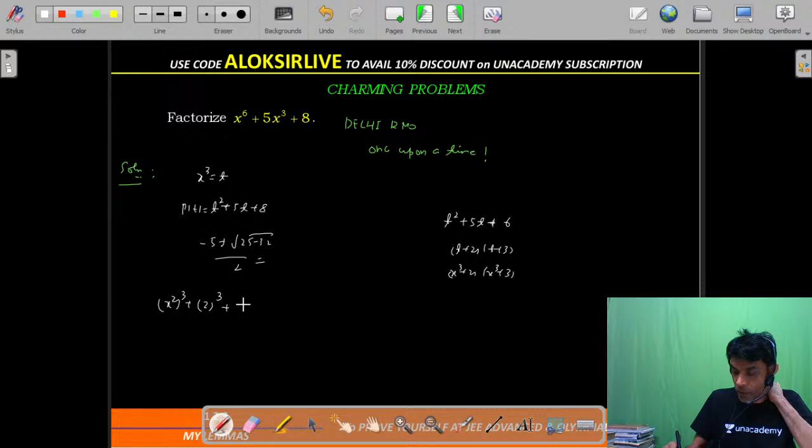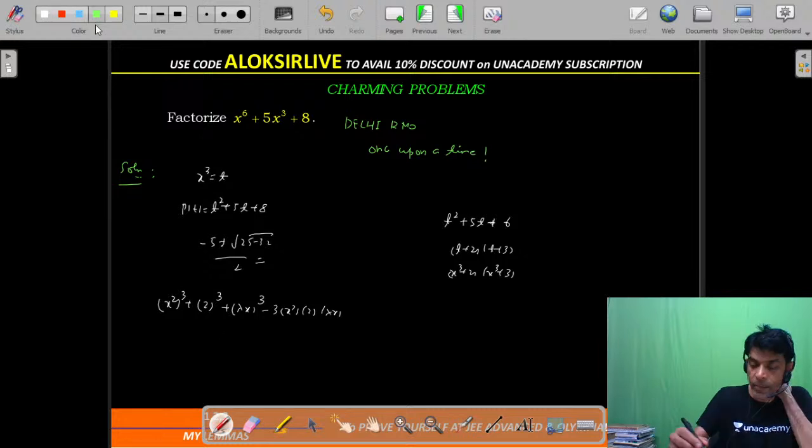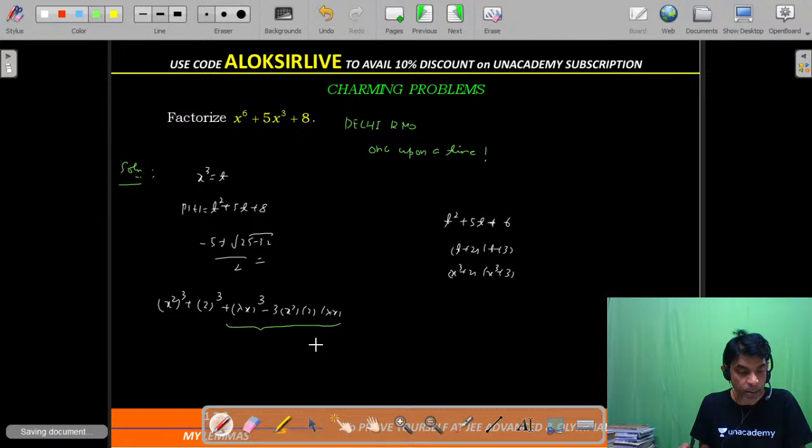So let me write here some lambda x cubed, because I do not know the 5x cubed, lambda x cubed, and minus 3 times x squared times 2 times lambda x. So what happened is that this x cubed term has got mixed up, right? Because it is made up of some other terms, 2 terms, right? That is why probably we are not able to differentiate that.